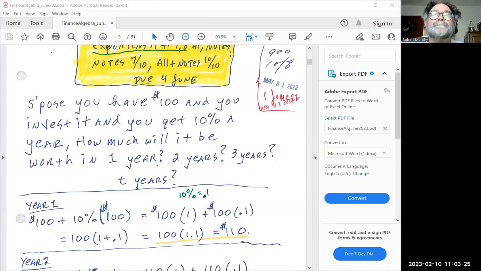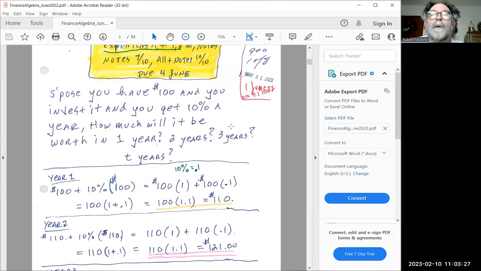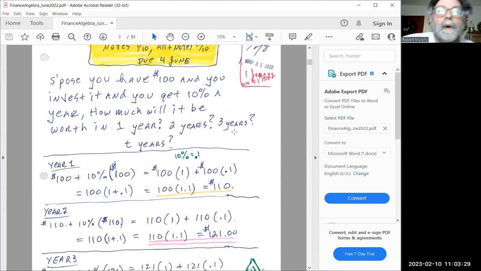Now, what we're going to look at is this whole derive thing. What we're going to first do is suppose you have $100 and you invest it and you get 10% a year. How much will it be worth in 1 year, 2 years, and in 3 years, at T years? What we're looking for is a general formula, and I'm going to walk you through the algebra that builds up to that compound interest formula.